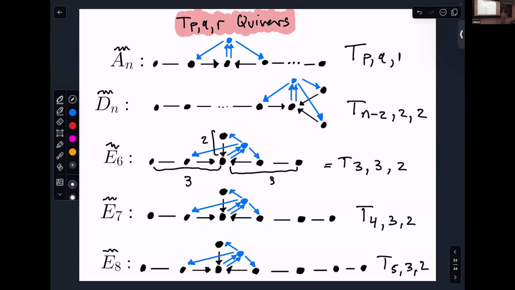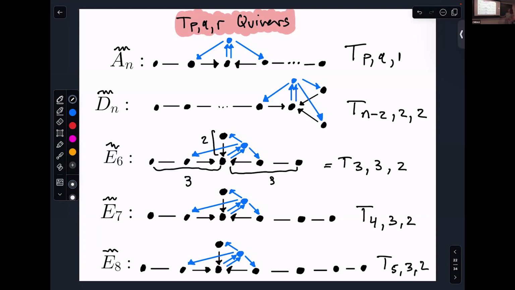I sort of have this middle part with this double arrow and oriented cycles, and then I can make the tails longer and longer and longer. So I claim that each of those affine Dynkin diagrams is mutation equivalent, when I pick some orientation, to a quiver that looks like this. And I didn't put any orientations on the tails because that part doesn't matter, but the orientation is fixed around where the double arrow is.